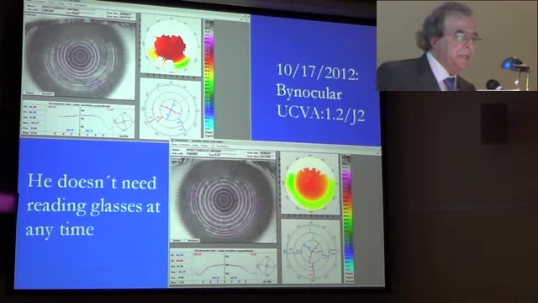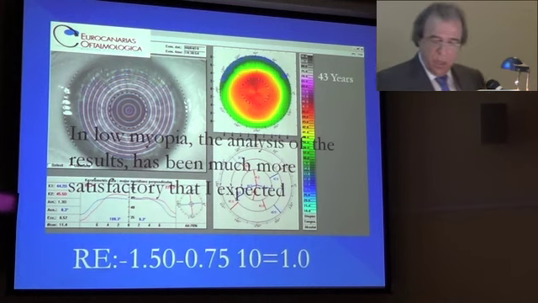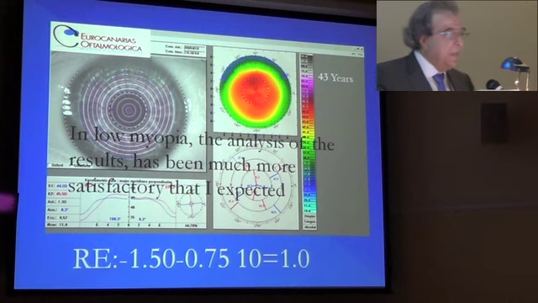In low myopia, the analysis of the results has been much more satisfactory than I expected. You can see a 43-year-old patient, right eye minus 1.50, a little astigmatism, left eye similar refraction.